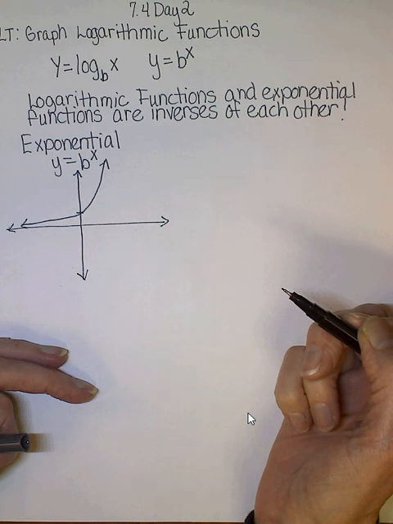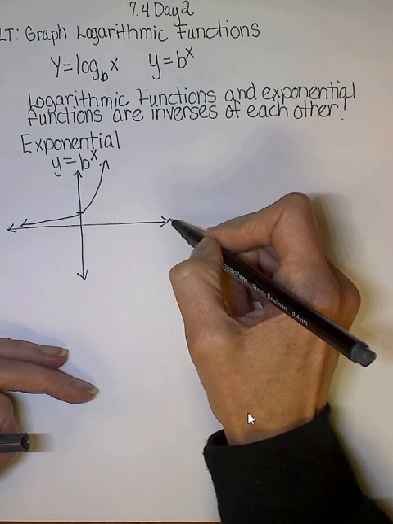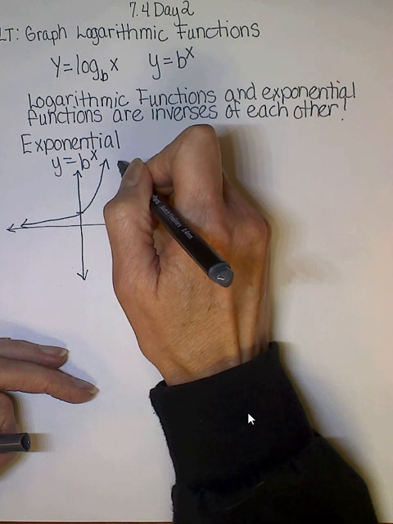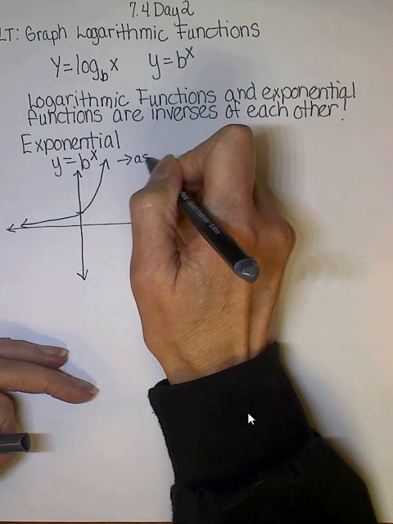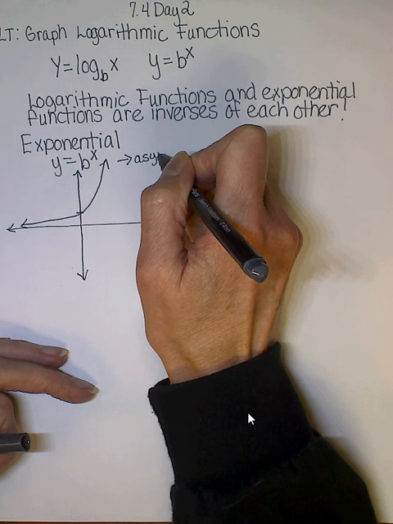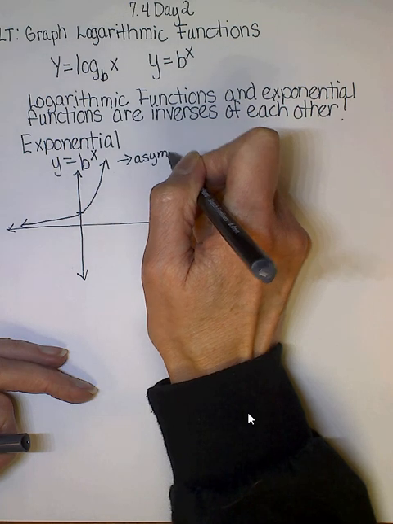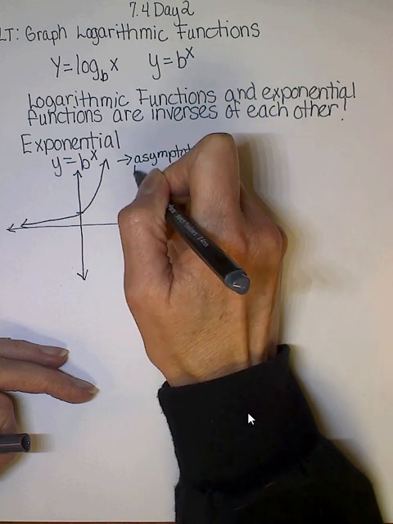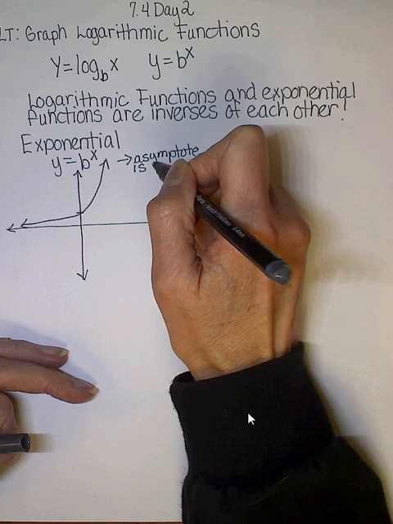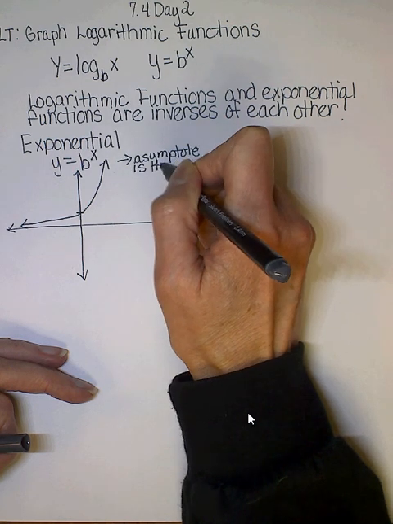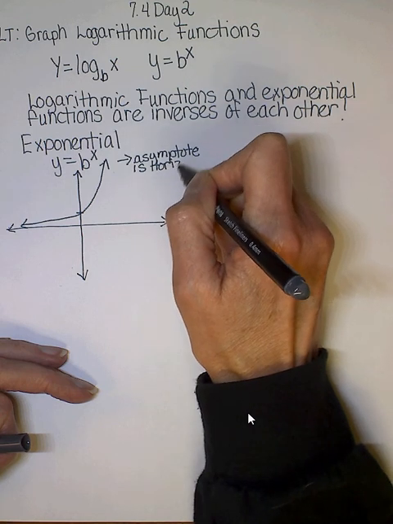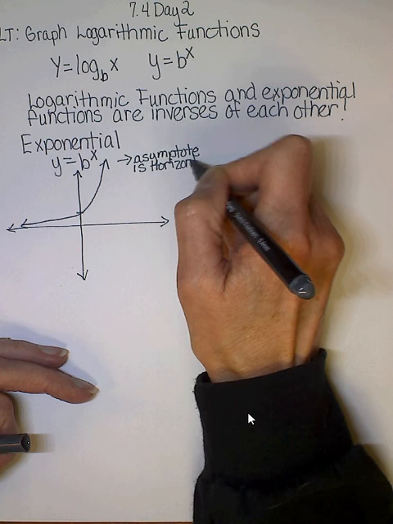And so the asymptote was our x-axis. On the exponential, the asymptote is horizontal. So it has a horizontal asymptote, which is the x-axis unless something moves it up or down.